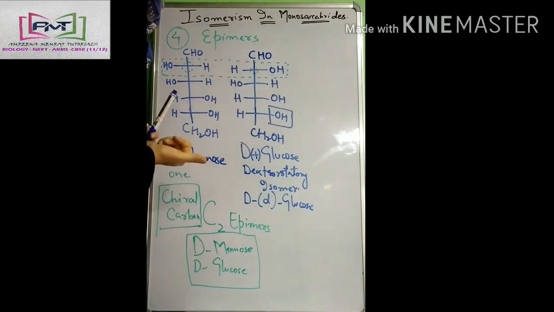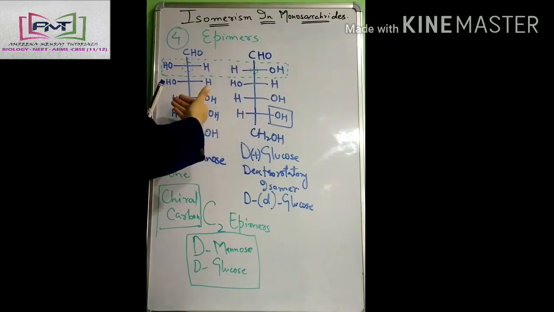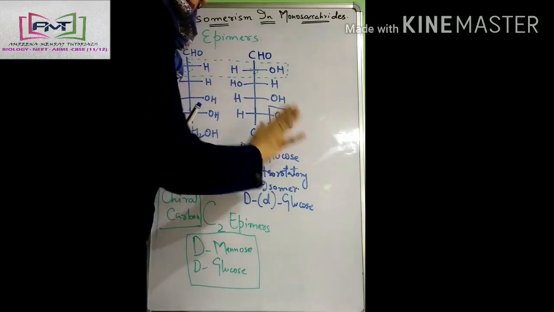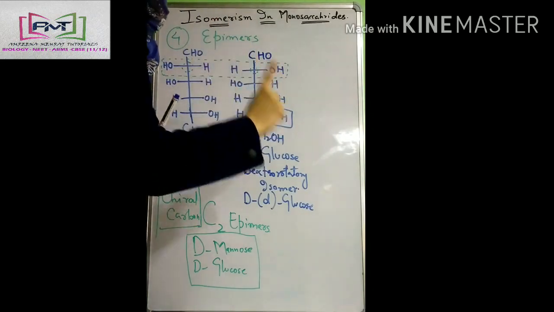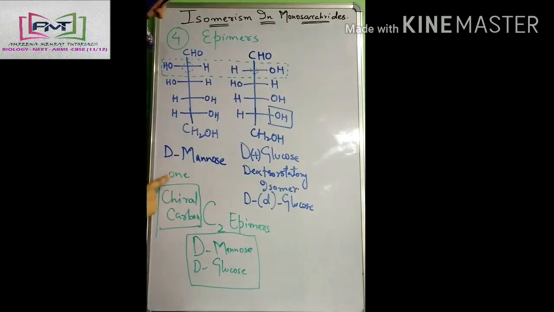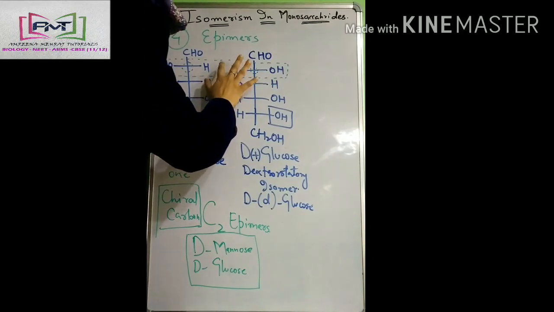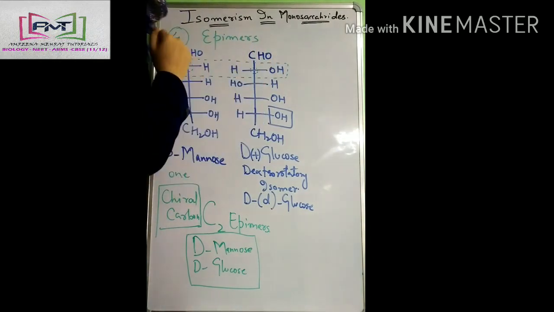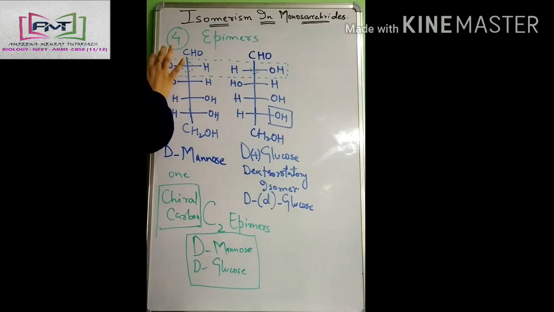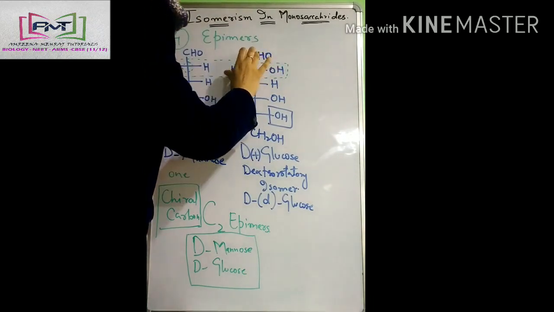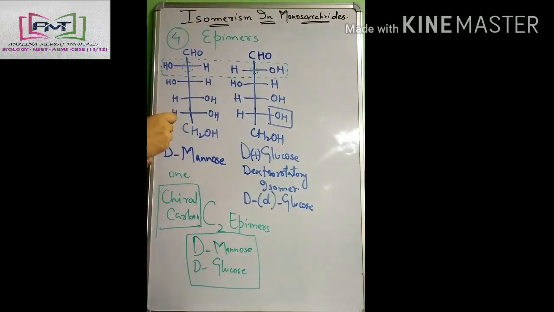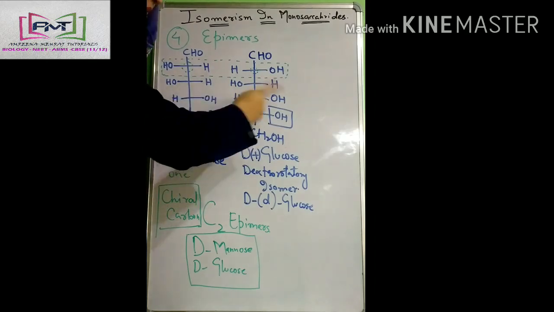They are isomers which are absolutely the same, but in them the difference lies in just 1 chiral carbon, and that chiral carbon differs in its arrangement of atoms. In one we have one arrangement around this chiral center, in another we have another arrangement of groups around this chiral center. Rest of the molecule is the same. So if the difference lies in only 1 chiral carbon, then you will call them epimers of each other.